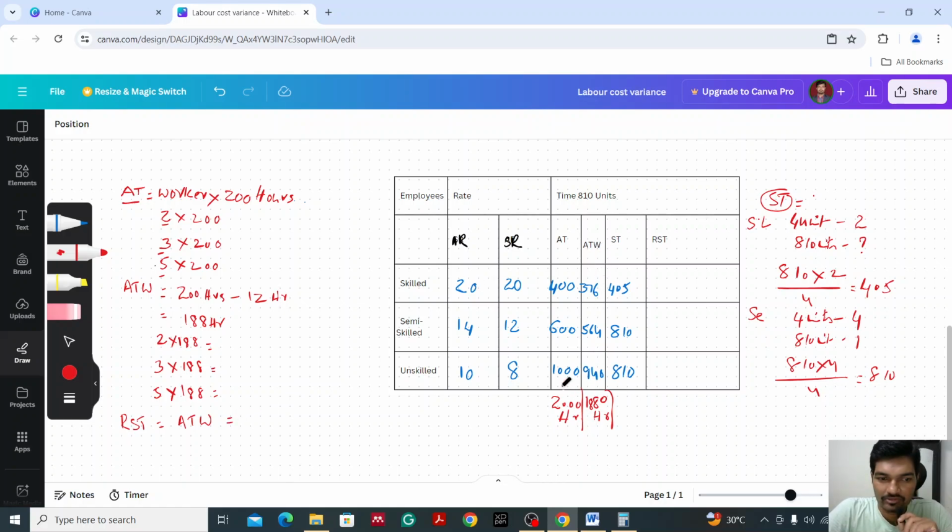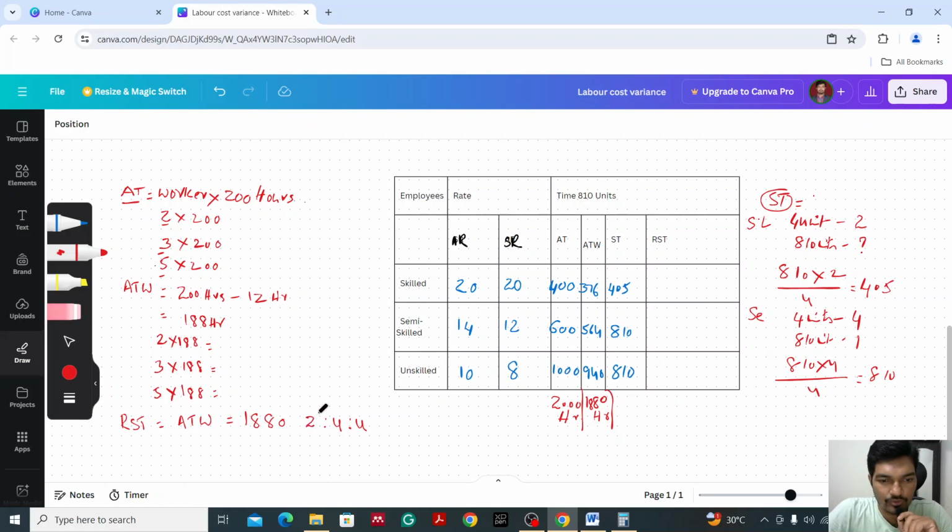The total number of hours we just calculated is 1880, right? And the standard workers used, the standard data according to the skilled, semi-skilled and unskilled given in the standard information, 2 workers, 4 workers, again 4 workers in unskilled.